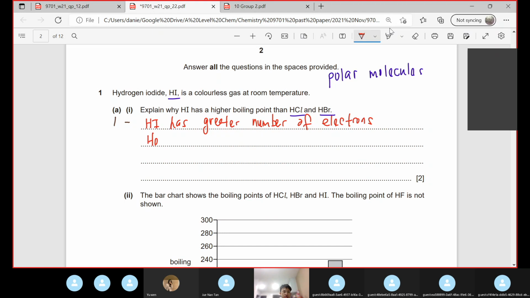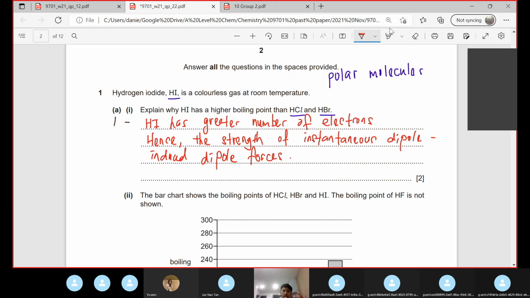So hence, the strength of instantaneous dipole-induced dipole forces formed between HI molecules increases.